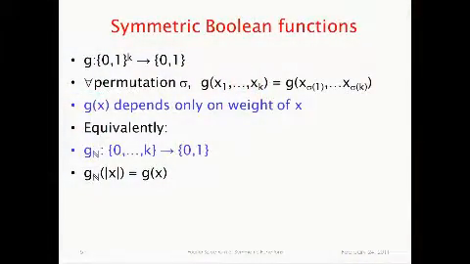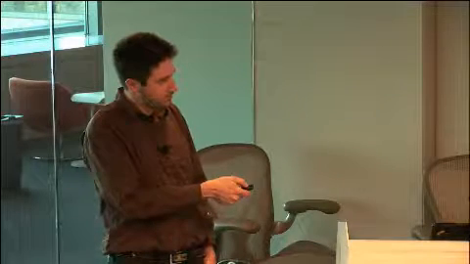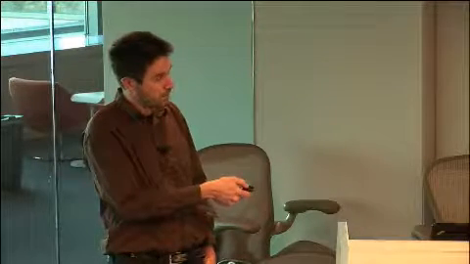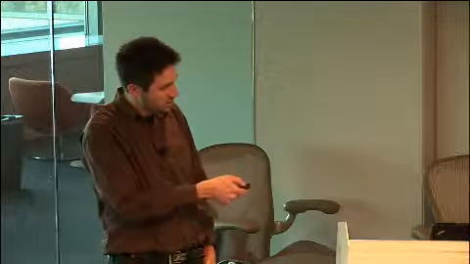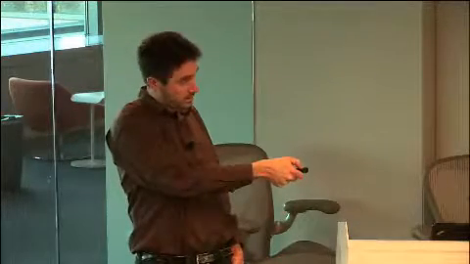In other words, for each symmetric Boolean function, there is a corresponding function that takes as input the weight 0, 1, 2, up to k. Yes, we have k variables. I did not mention that k is the number of variables. So the weight can range between 0 and k, right? If you have 0 ones or k ones. And this is just another way of representing symmetric functions.